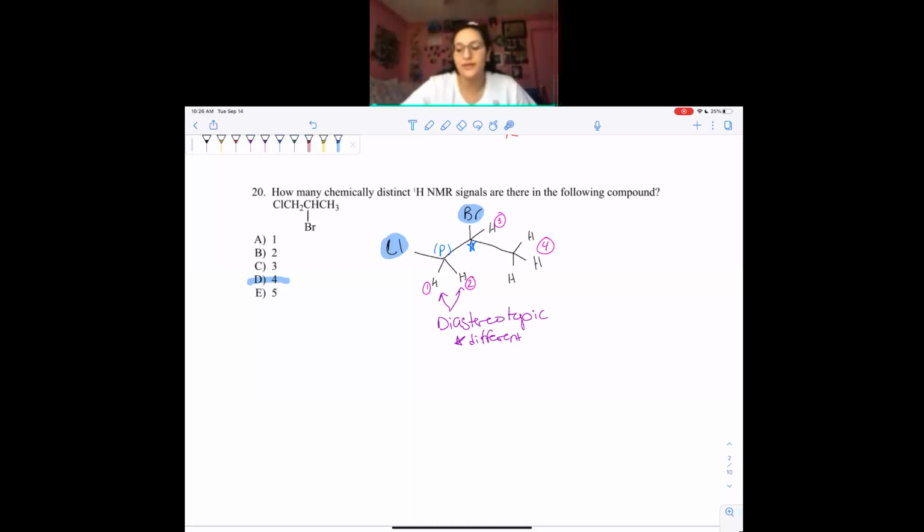So these two compared to each other are diastereotopic. But this guy compared to this guy would just be heterotopic. They're just completely different from one another. This hydrogen compared to this hydrogen is homotopic because they are exactly the same as one another. So it just depends on which hydrogen you're looking at. Okay, cool.